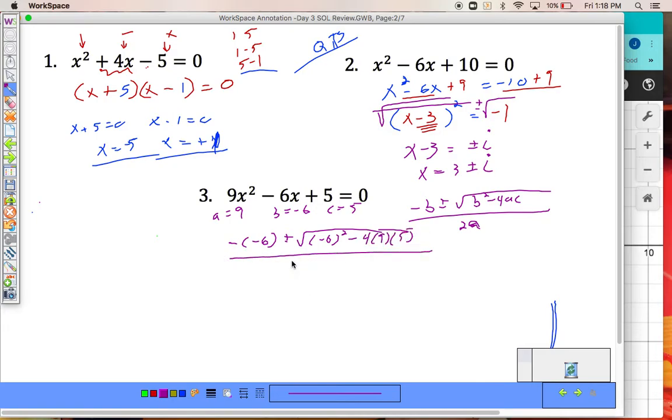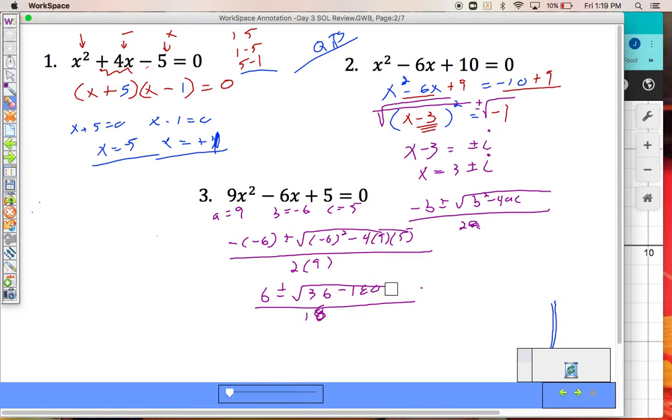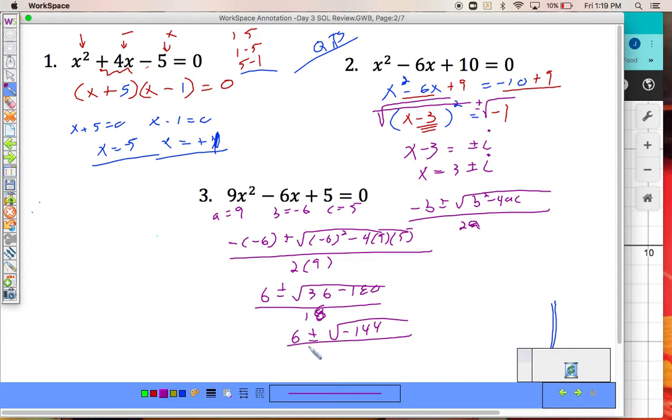All right, so first thing I'm doing, I'm just substituting them in. So that's negative 180 over 18. Which is going to be 6 plus or minus the square root of negative 144 over 18.